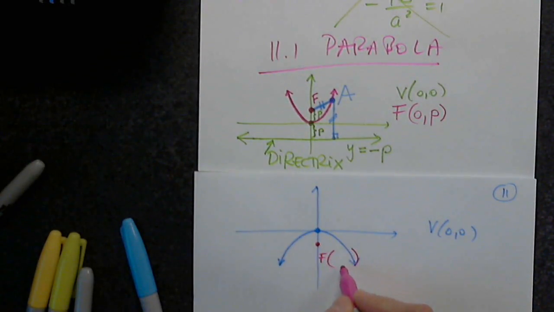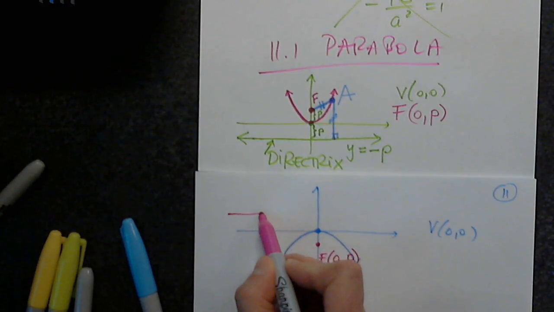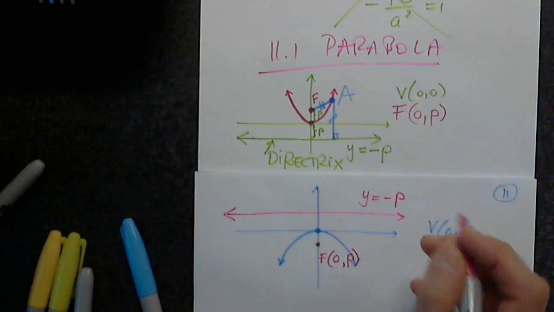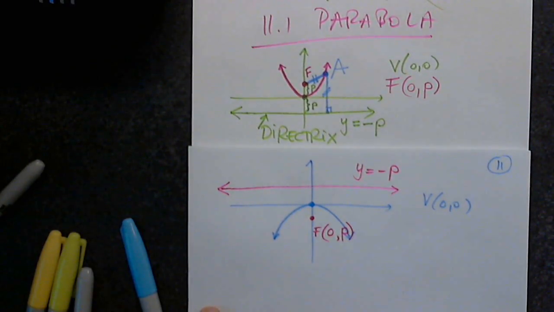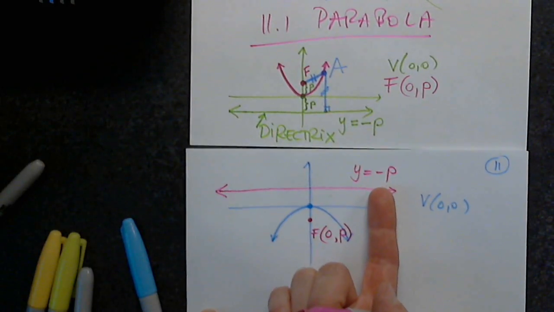F is (0, p), right? And the directrix is still the same thing, y equals negative p. Yes, you're right. Of course, p will be negative here, and this will be a positive number here.